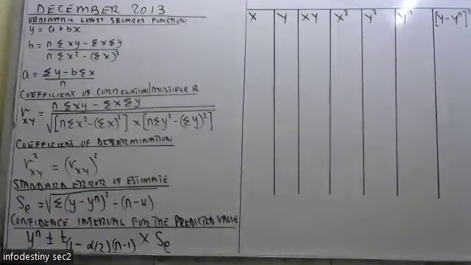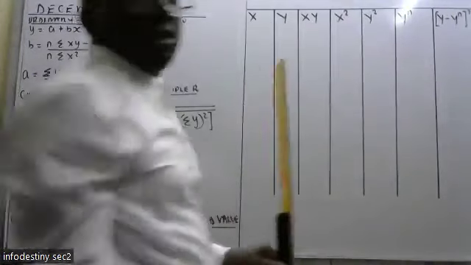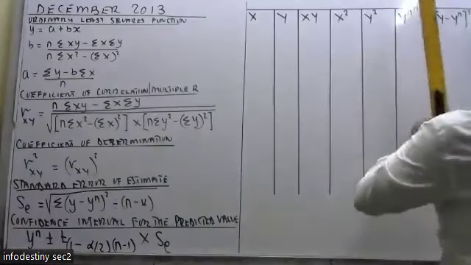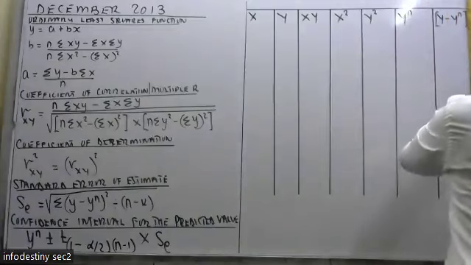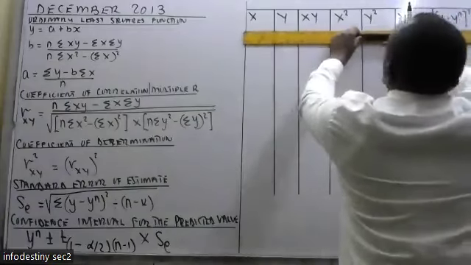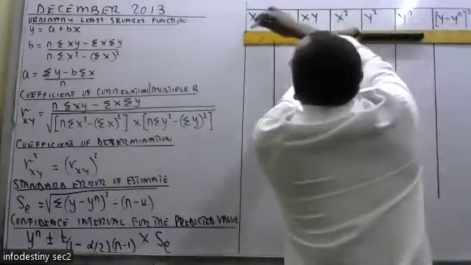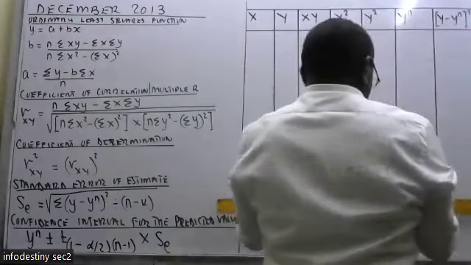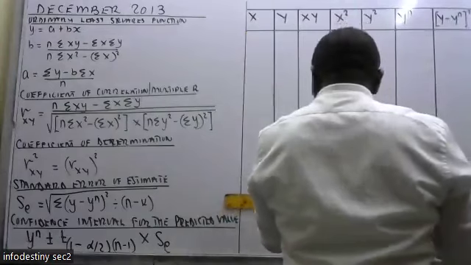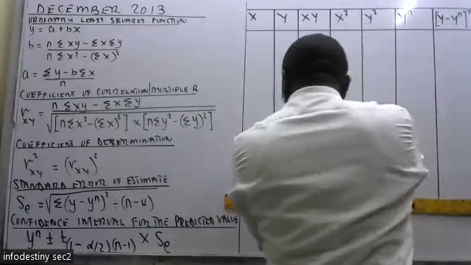So that is it. Those are the columns that we require to have. So that is how you get to know the design of your tableau.